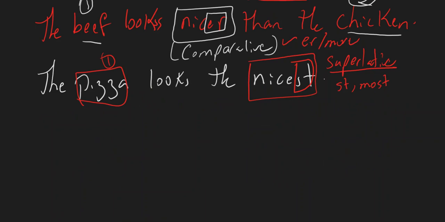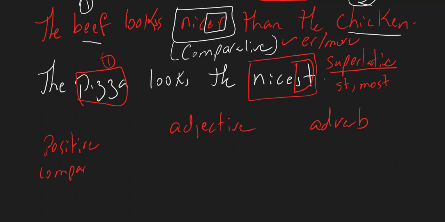So if you look at these in the table, you have the adjective, that's the adverb, this is the positive, the comparative, and this is the superlative.